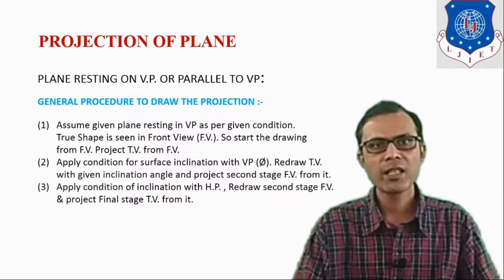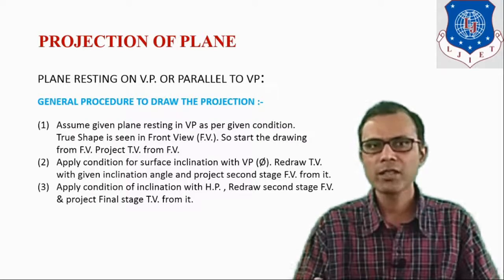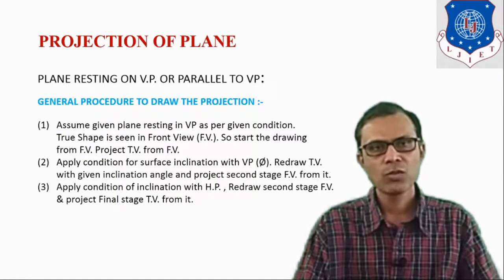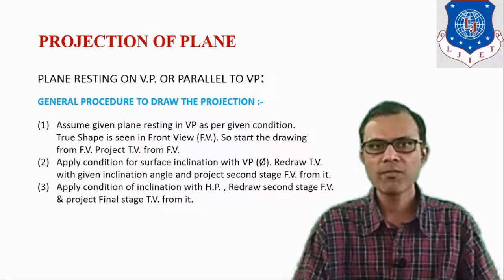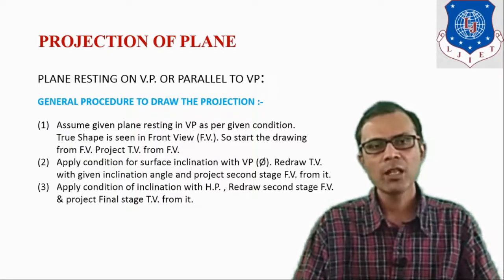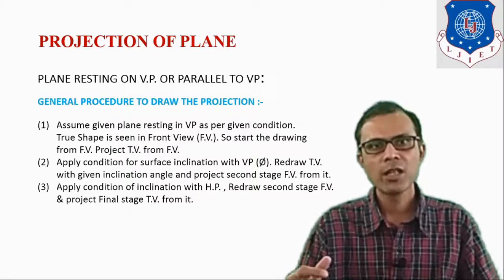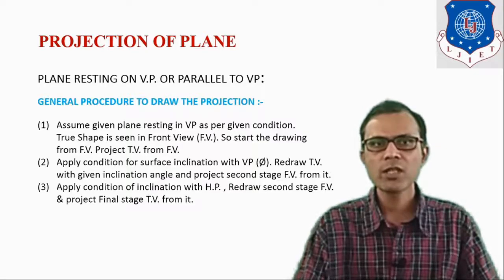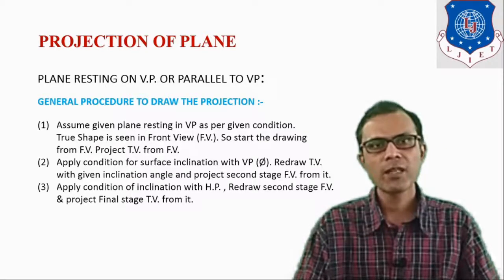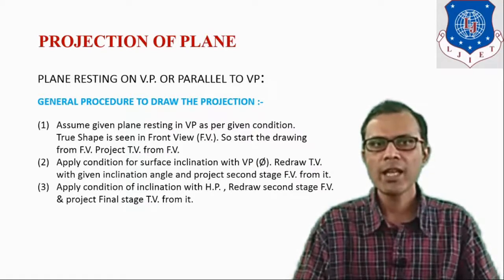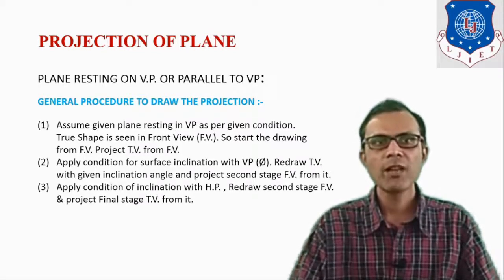And for final stage, generally the applied condition is inclination angle with HP. So that would be our final stage front view, and from that we will project final stage top view. So it would be a general procedure how the projection can be drawn when any surface or any plane is resting in VP and inclined to both HP and VP.